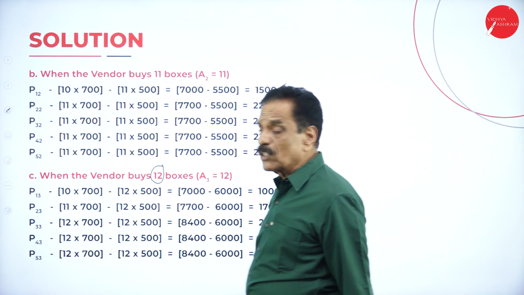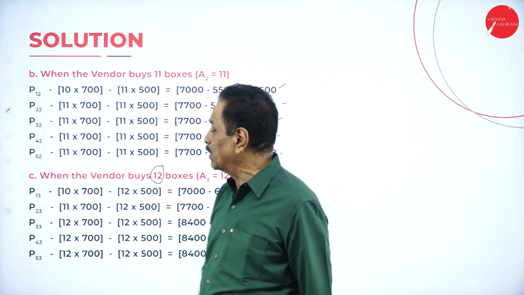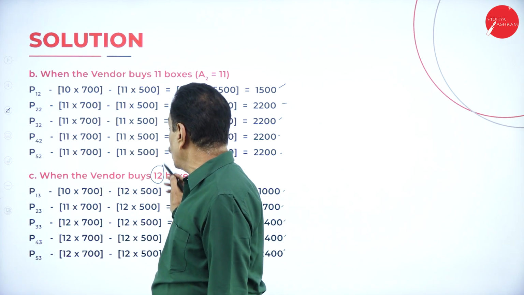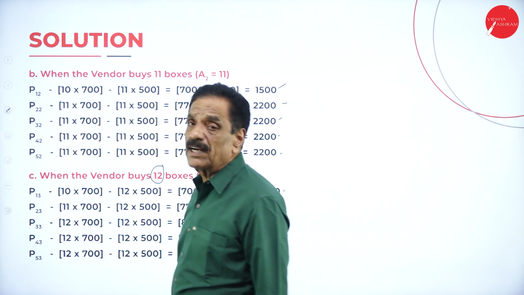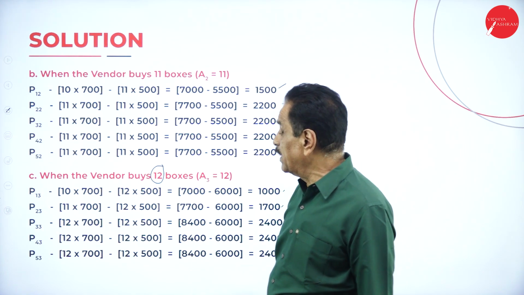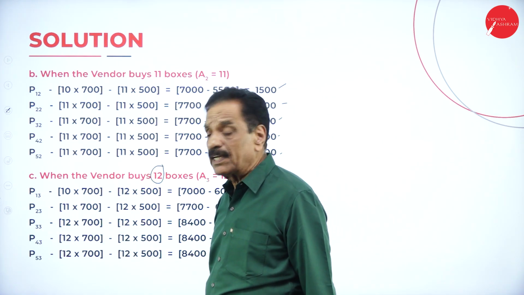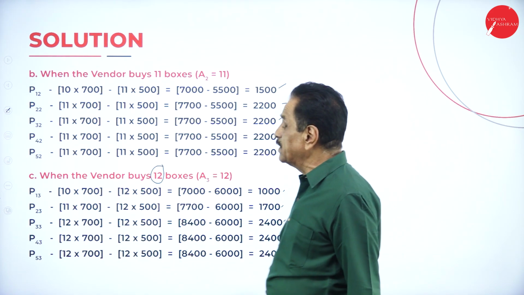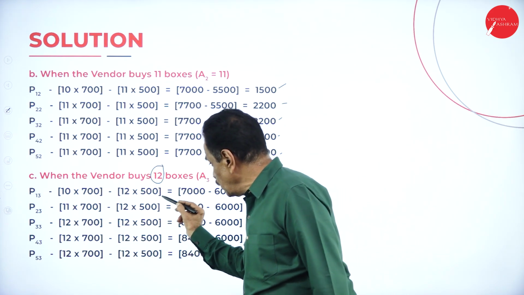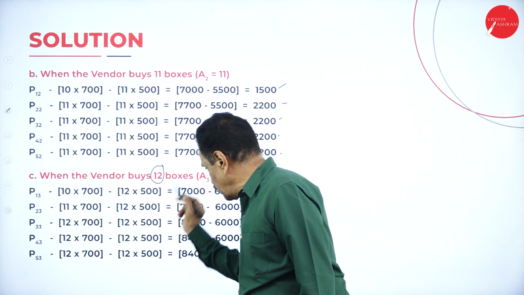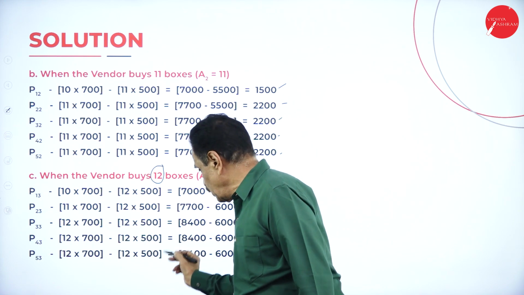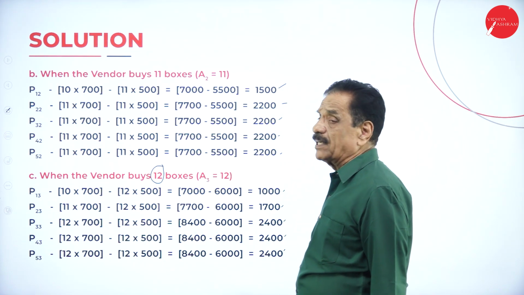When you go for 12 boxes, first two have to be retained. Now we are going to 12: 10 into 700, 11 into 700, 12 into 700, and 12 into 700 for the rest. This is 12 into 500 for all.